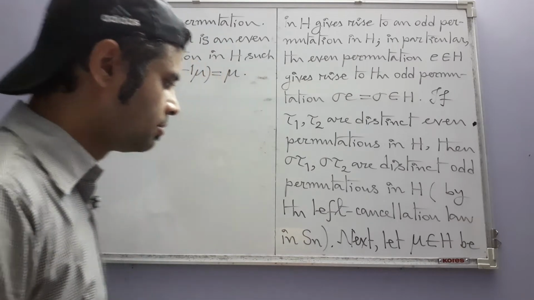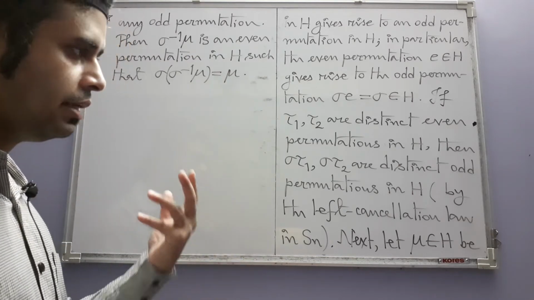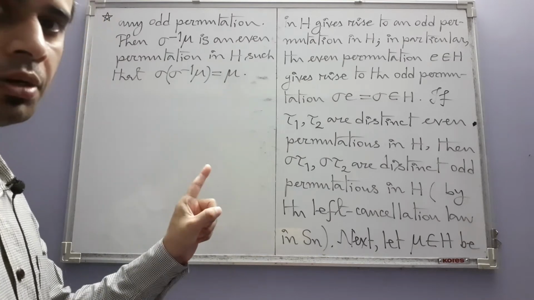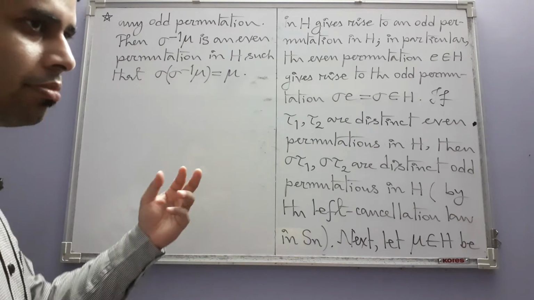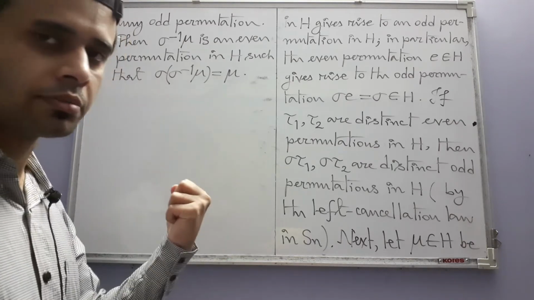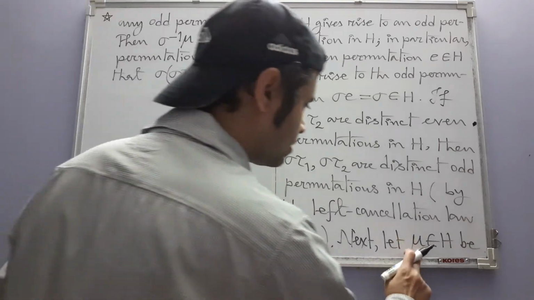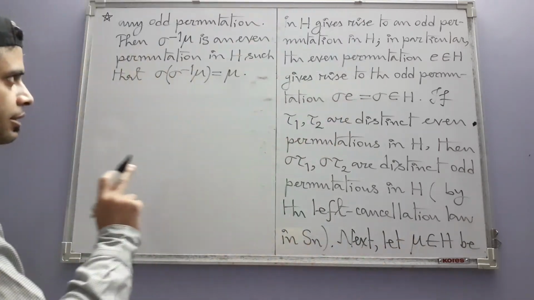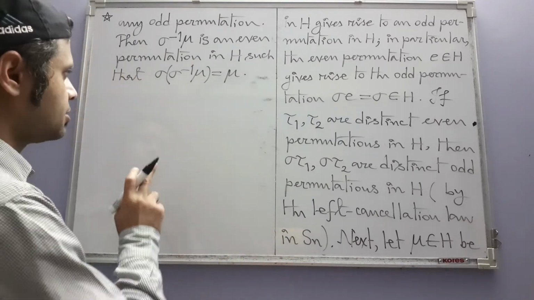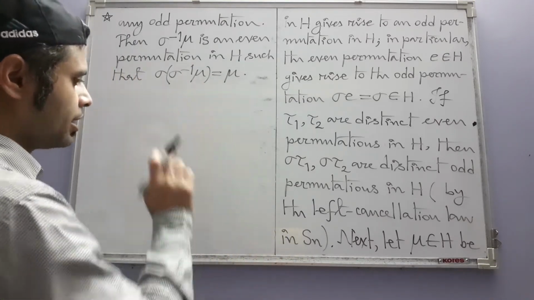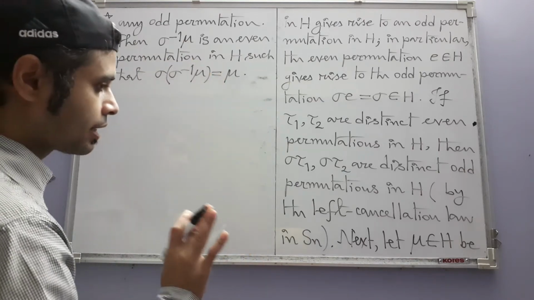So that means all the odd permutations in H in fact appear from some even permutation tau in this form. That is, you multiply that tau by sigma from the left side, you get that odd permutation, and for this arbitrary odd permutation mu, that tau which will give us this mu through multiplication by sigma is sigma inverse mu. Let's see that whatever we have written here actually makes sense.